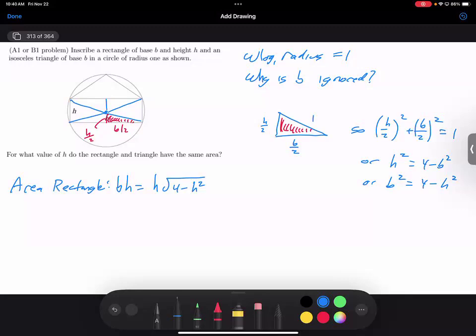Right. Just something that I want to have in the back of my head. I see the square root and I'm not thrilled about having to do comparisons with the square root. So instead of trying to say the area of the rectangle equals the area of the triangle, what might I say instead that's equivalent? What would be an equivalent comparison that would get rid of the square root?